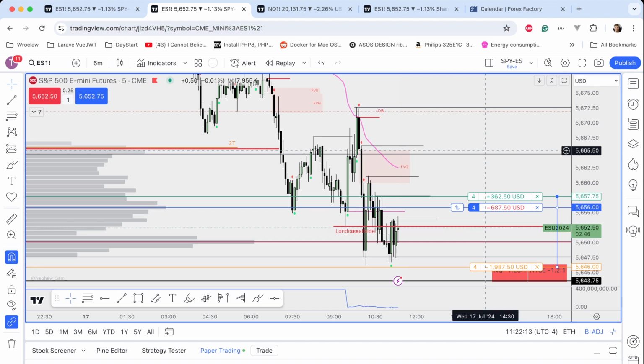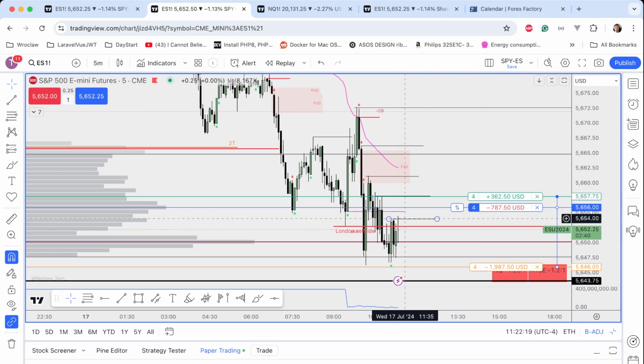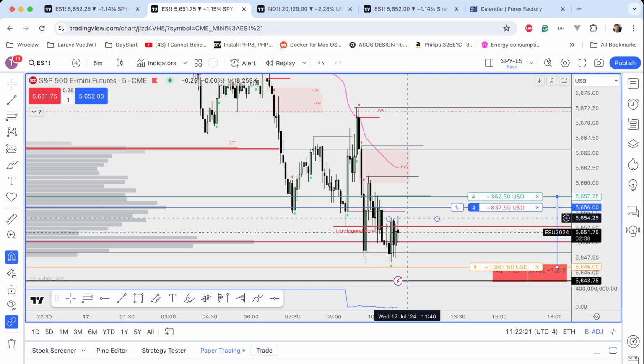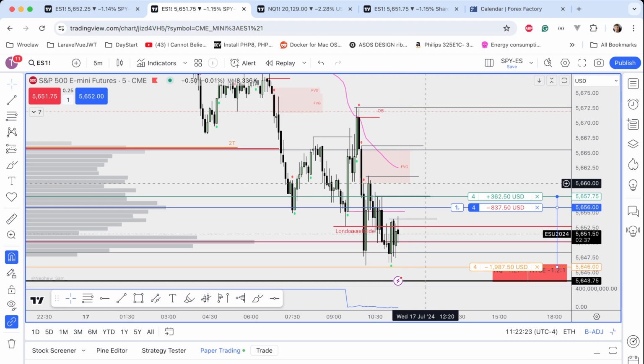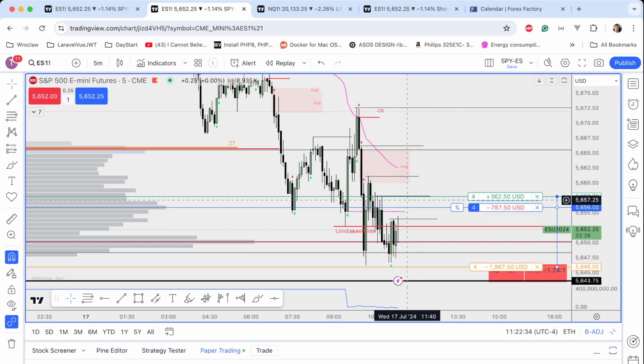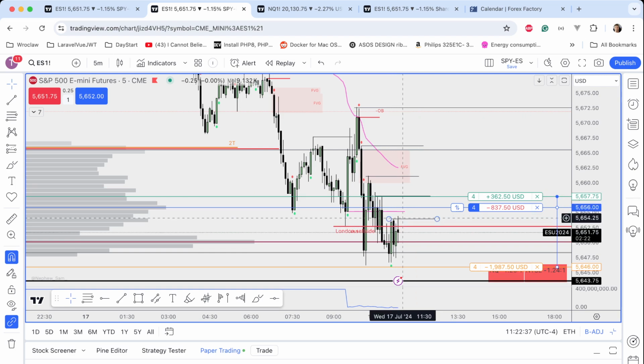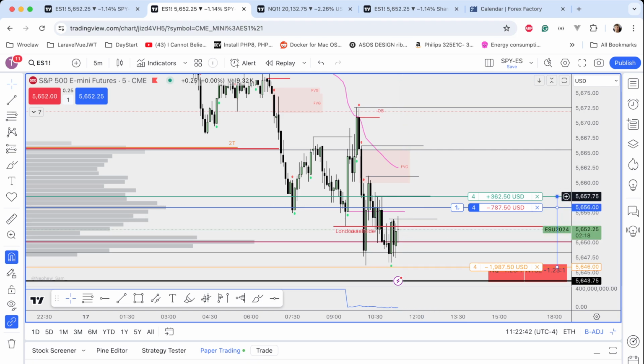Right, see how they pushed into that 15, immediately sold. What are we doing? But the real liquidity is up here. That push here is okay, but this one would be much better.